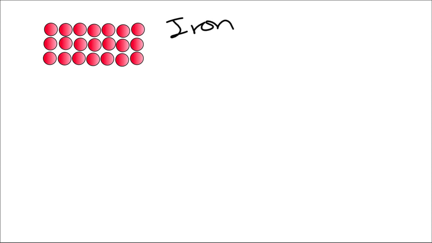So if there was some sort of push on one of these layers of atoms coming in that direction, all these atoms are going to move. So they're going to slide past each other really easily. So that's going to make it really soft.